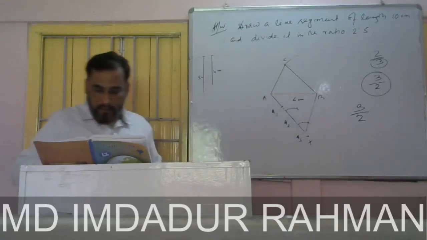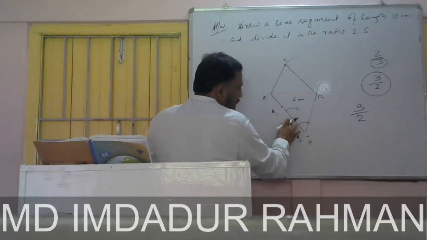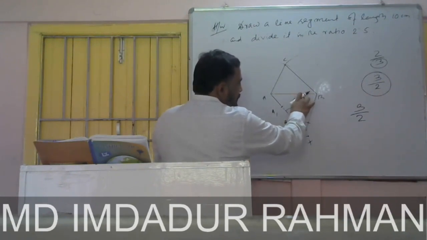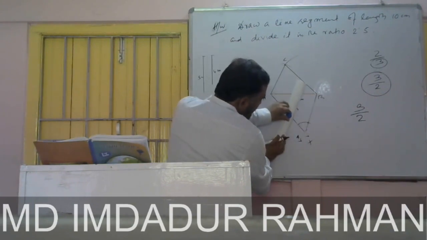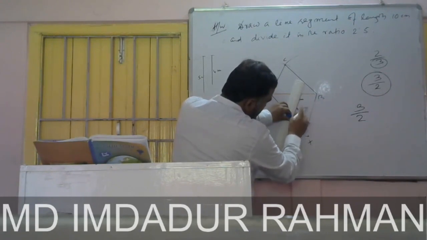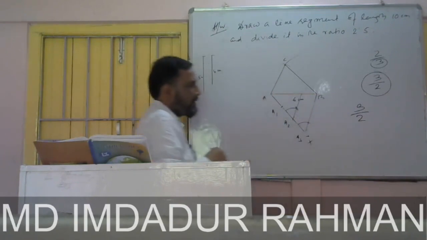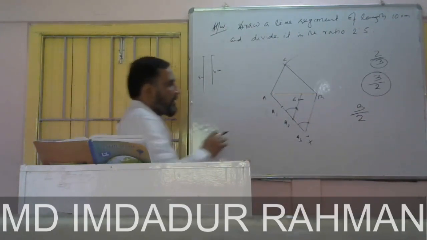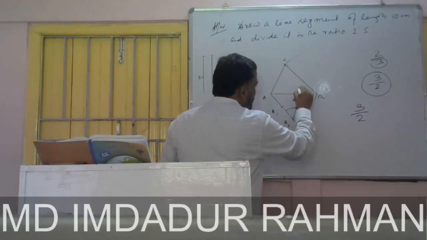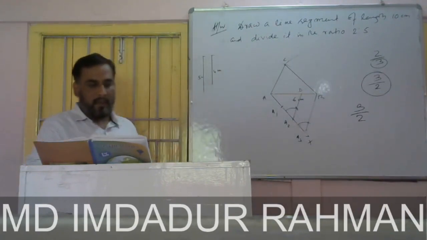Now join A2 and the intersecting point and extend it up to the line segment AB at D. You see, A3B is parallel to A2D.